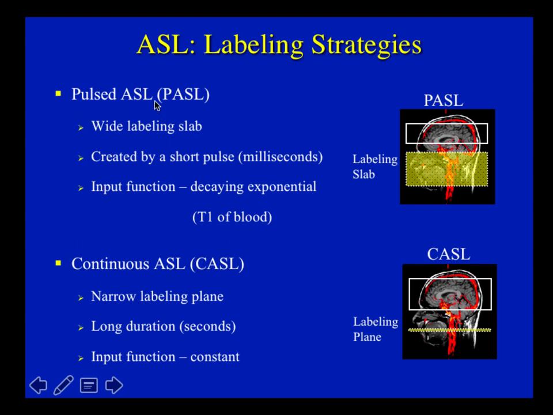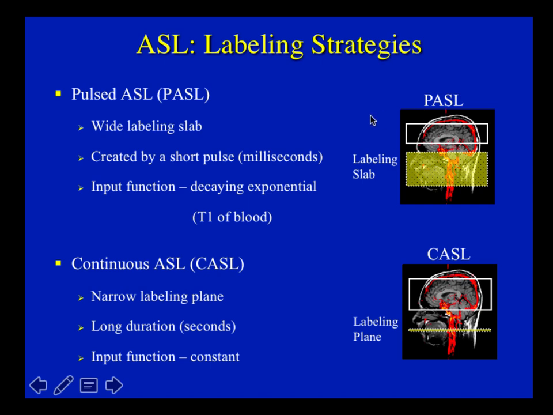In pulsed ASL experiments, we invert a large slab of tissue along with the blood below the brain and let the blood that got inverted by this inversion pulse move into the brain tissue before we start imaging.